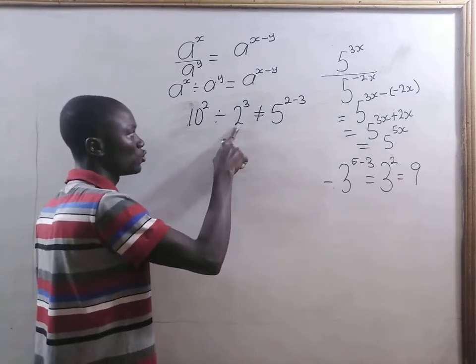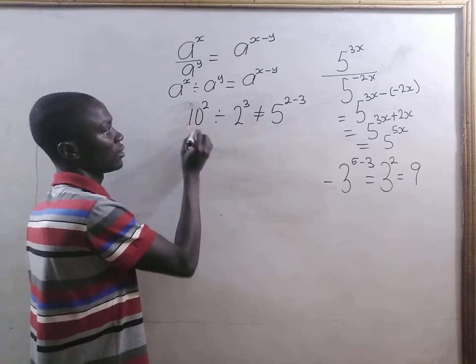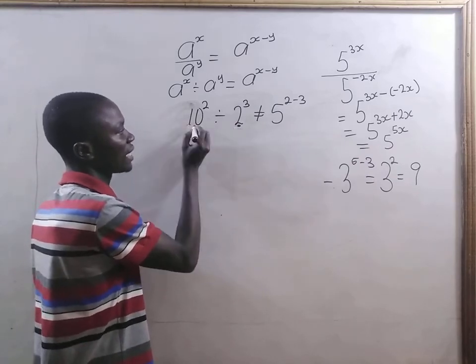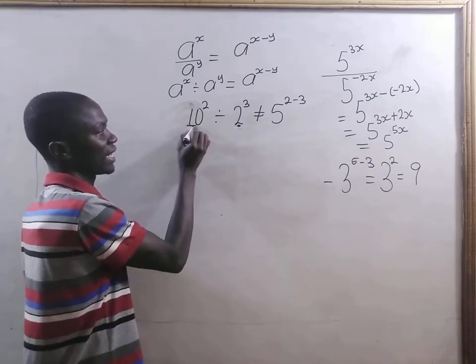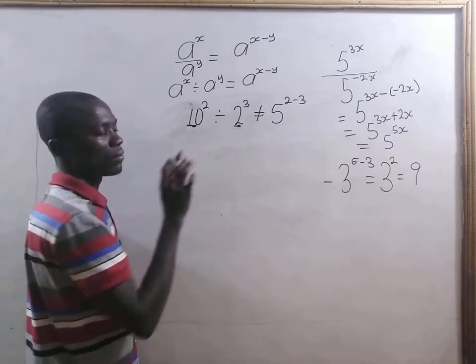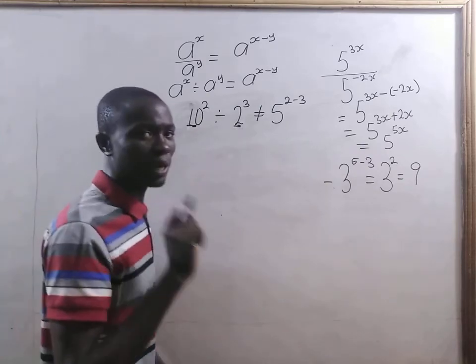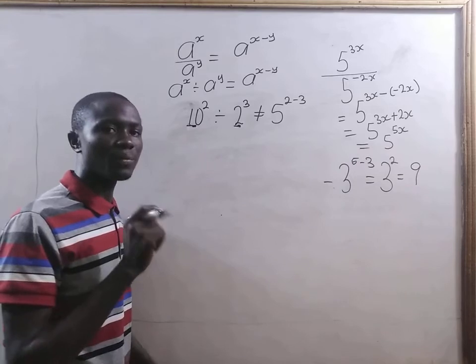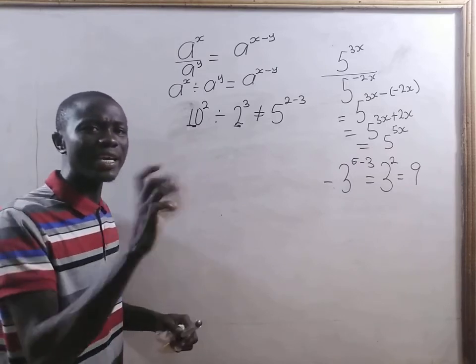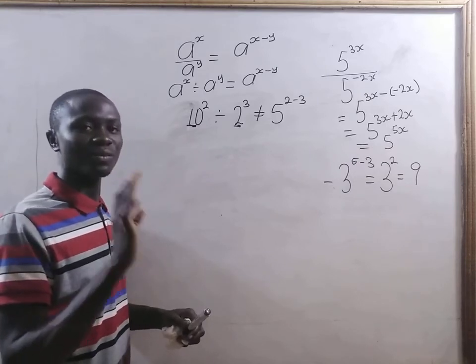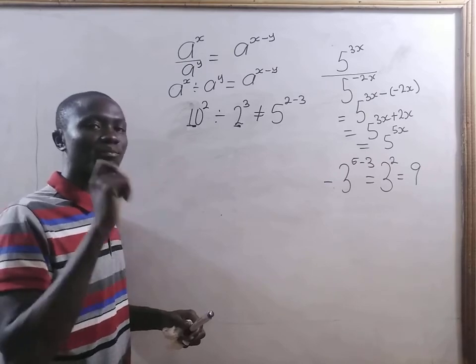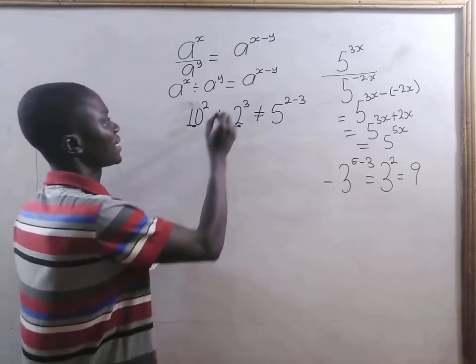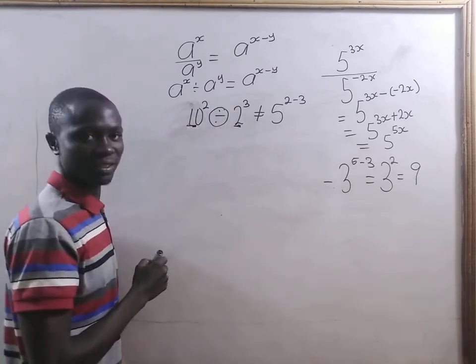Don't go and divide this 2 by this 10. The bases are not the same. This is 10, this is 2. The law is applicable to numbers written with the same base. And the sign here is division.